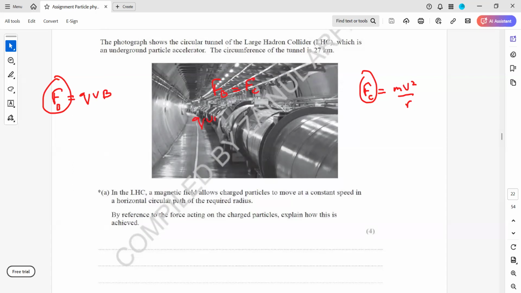So QvB equals mv²/r. The v squared will cancel with this v, so QB equals mv/r. This is a formula which relates the radius, magnetic field, mass, speed, and the charge of the particle. If we need the radius, the radius will be mv/qB.